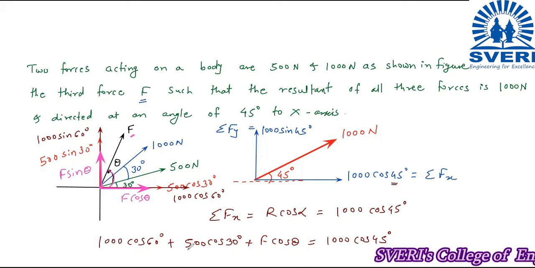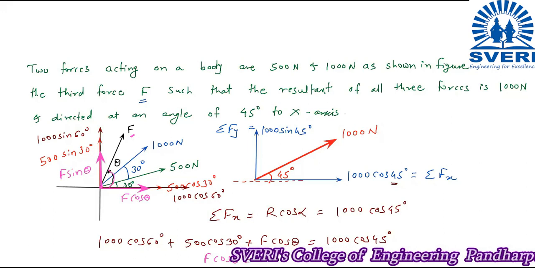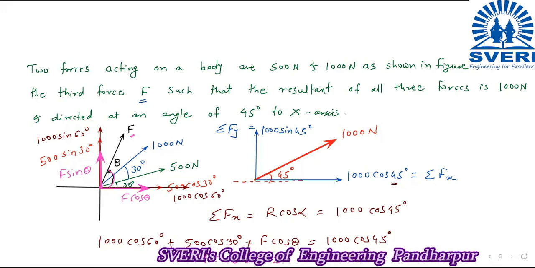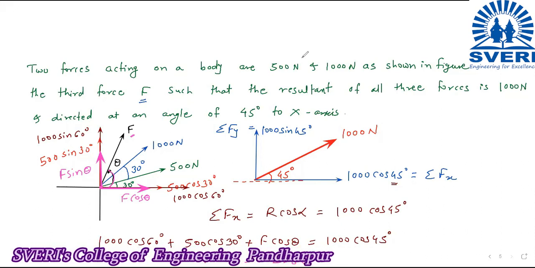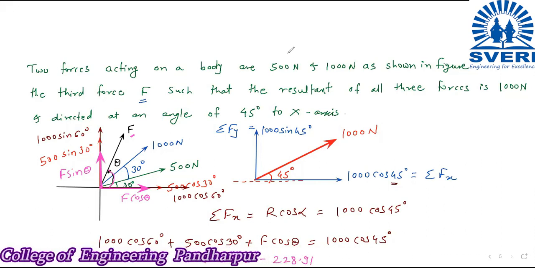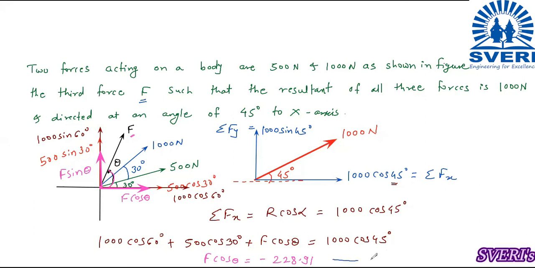What is the value? It is equal to minus 228.91. Minus 228.91. Okay. So all of you please check the answer, do the calculation as well. So this is the value of F cos theta. Again I will call this my equation number 1.